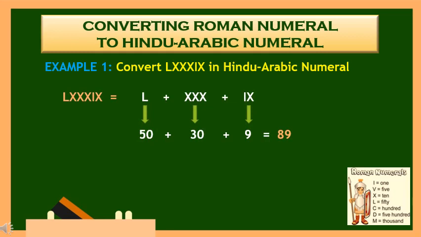Write down as L plus XXX plus IX. And IX equals 10 minus 1, that is 9. So 50 plus 30 plus 9 gives you 89. So LXXXIX in Roman numerals is equal to 89 in Hindu-Arabic numerals.